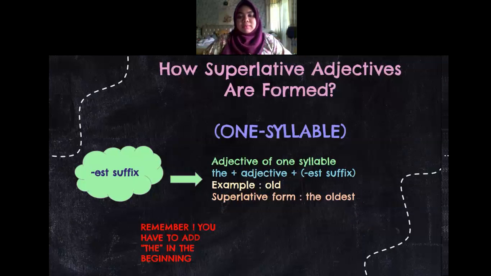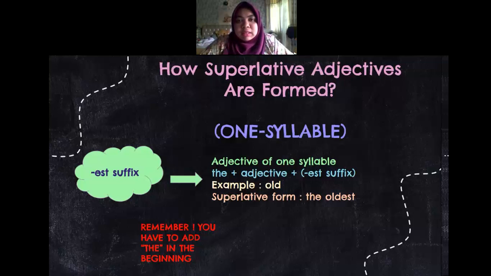Basically, there are several conditions of how to form superlative adjectives. As you can see here on the screen, this is the most basic and easy one: adjectives of one syllable. For example, old.